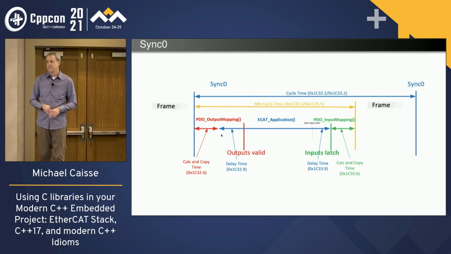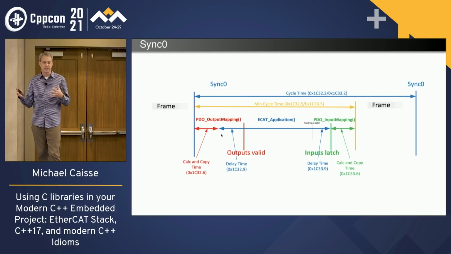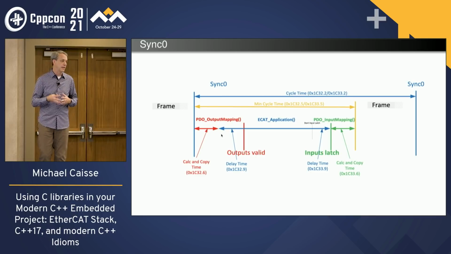Sync 0, we can set up the system using the sync 0 type synchronization that you can see that outputs valid. That is controlled then by sync 0. And all devices, their sync 0 output valid will occur at the same time.